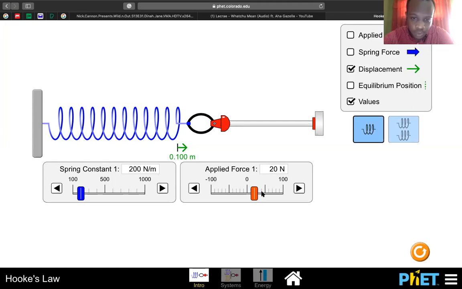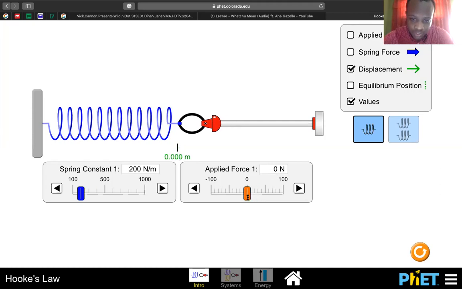Now we put it back at 0 for a second, and we increase the spring constant to say 400 newtons per meter. So this means our spring is much stronger. It is thicker. It has more elastic force in it.